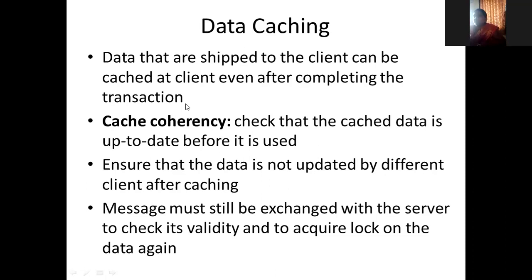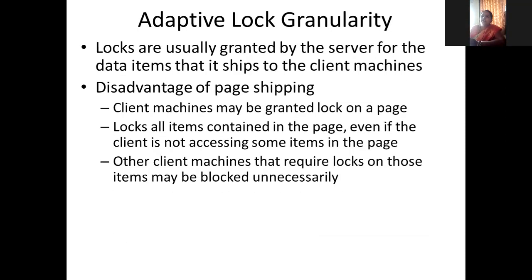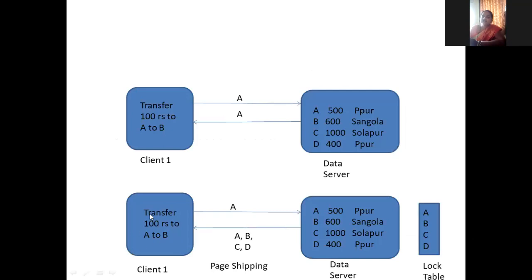As we saw earlier in this example, after transferring 100 rupees from A to B, what is the amount of A and what is the amount of B after successfully completing the transaction? Anyone? What is the balance of A and what is the final balance of B after successfully performing the transaction?